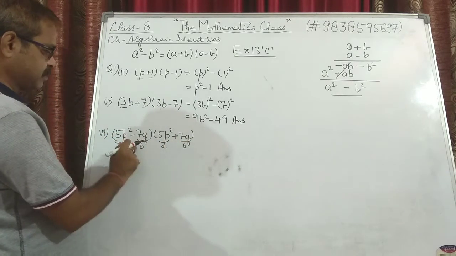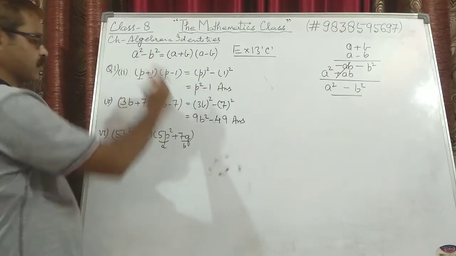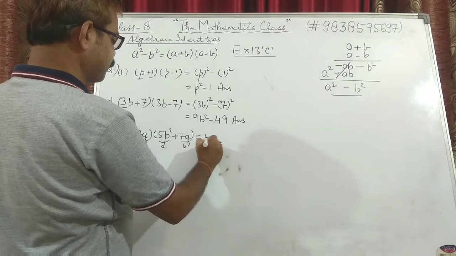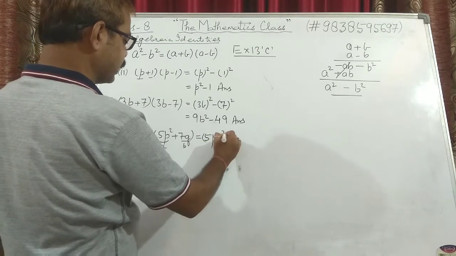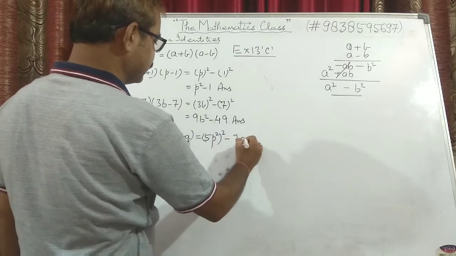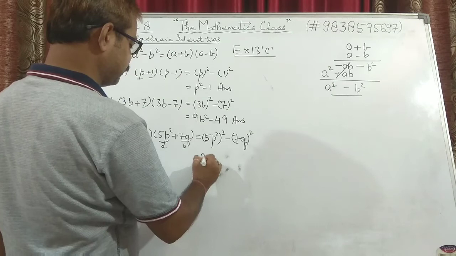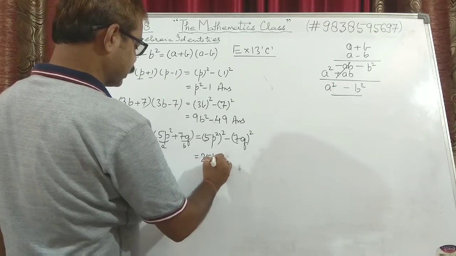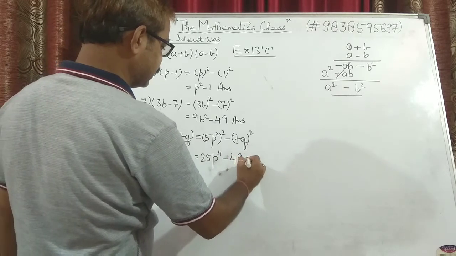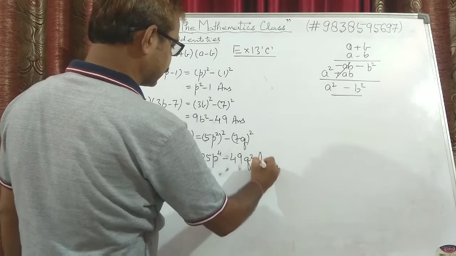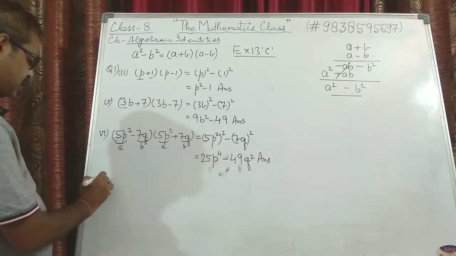So a minus b into a plus b is a square minus b square. So that will be, a is 5p square, its square, minus 7q square. So 5 square is 25, p square squared will be p to the power 4, 7 7s are 49, q square. That is the answer.